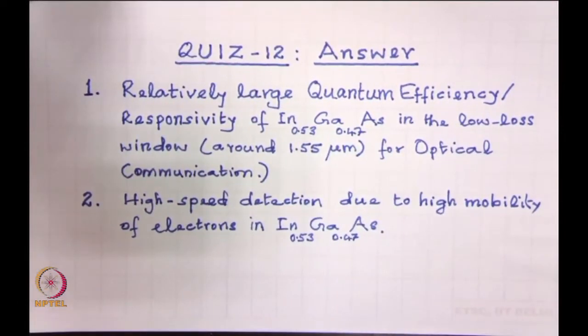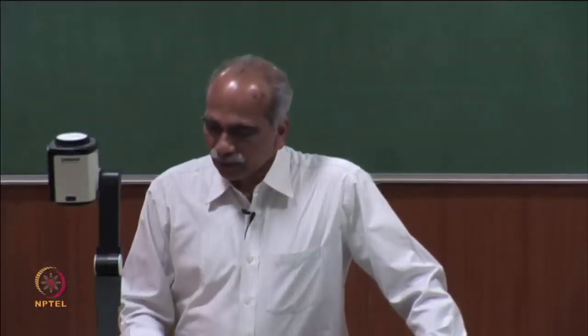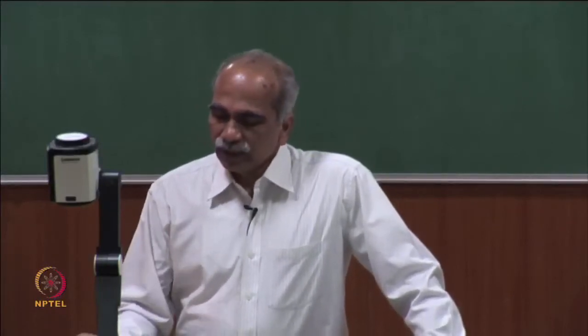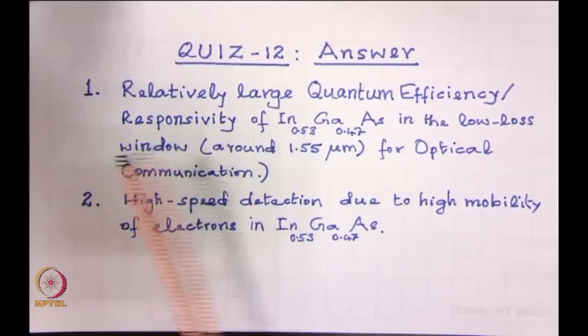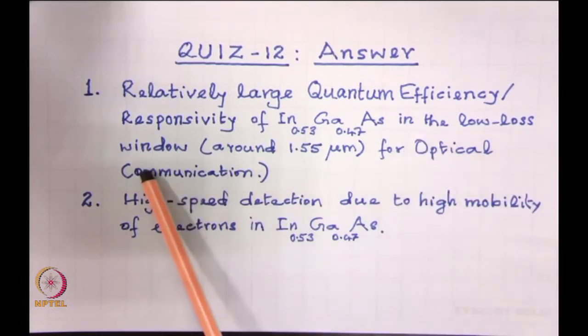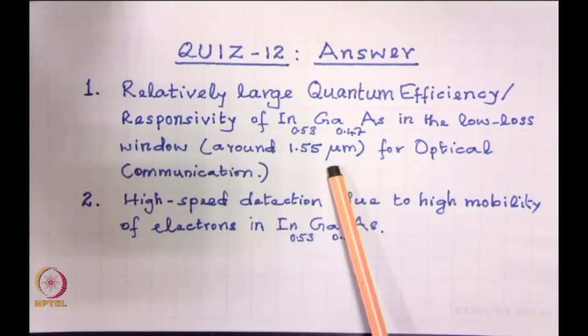advantages and several reasons why one uses indium gallium arsenide, but the most important reason is that indium gallium arsenide has a relatively large quantum efficiency or responsivity in the low loss window, that is around 1.55 micrometer, for optical communication.